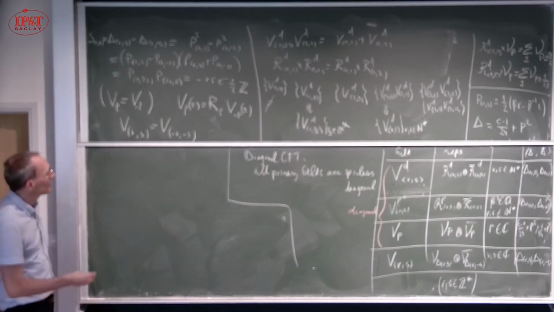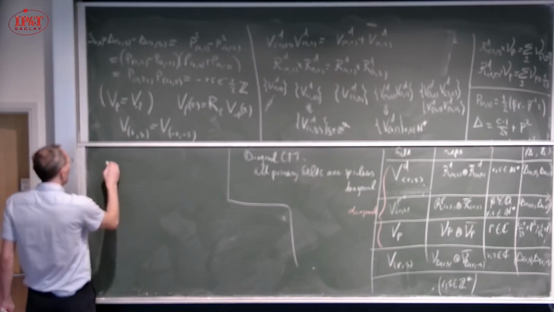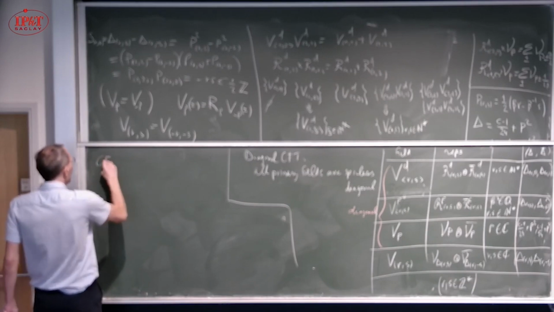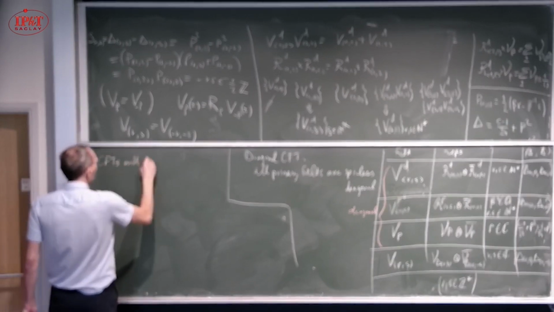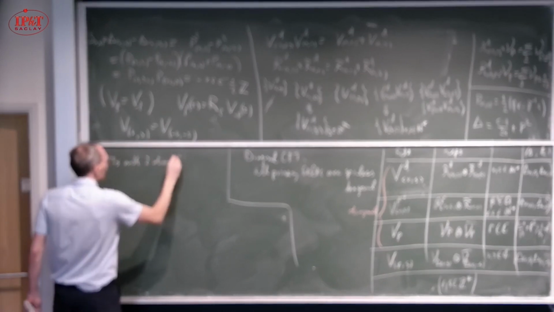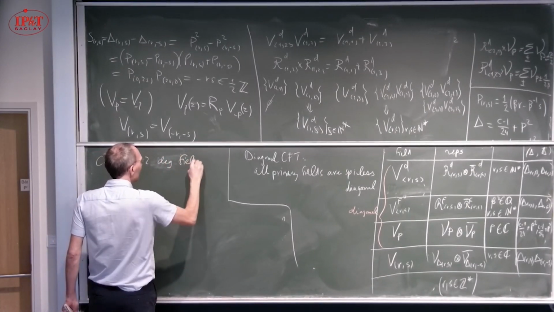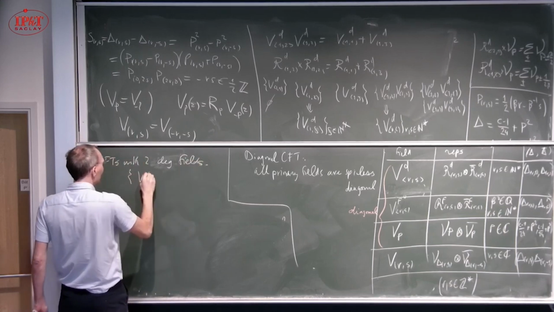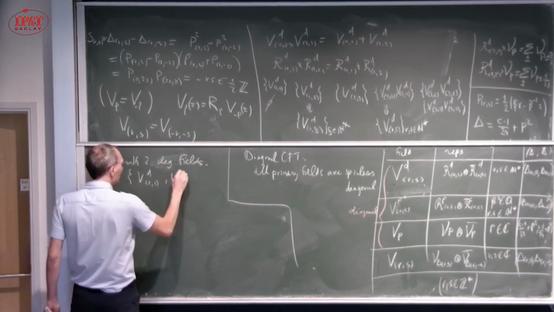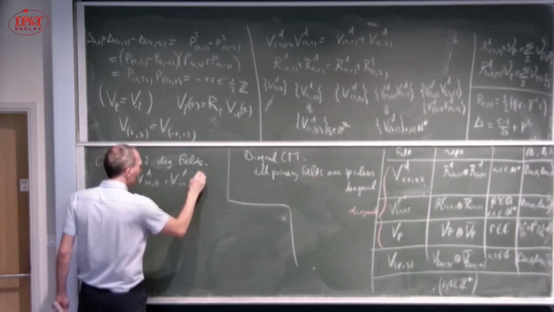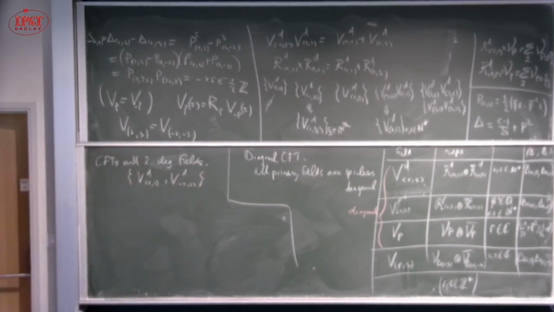So, for us, we will really work with 2 possibilities. CFT with 2 degenerate fields, so by definition, this is a CFT which contains V21 and V12, and therefore, in fact, all the possible degenerate fields.